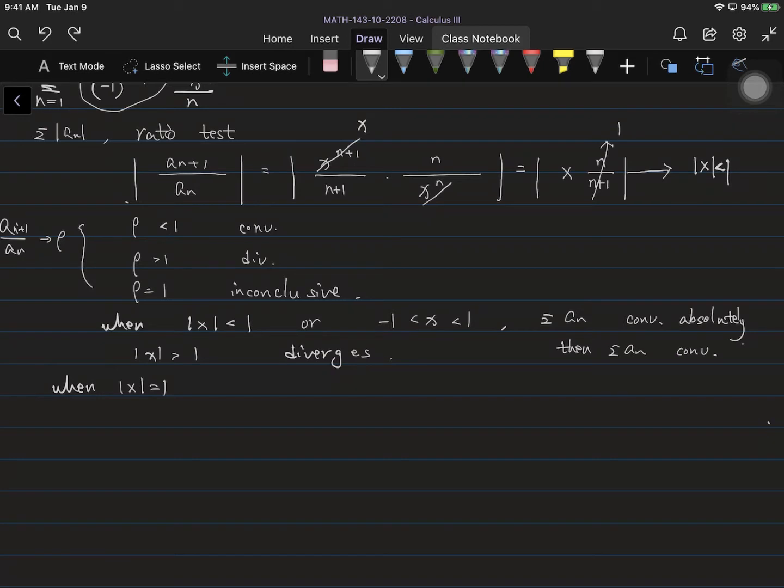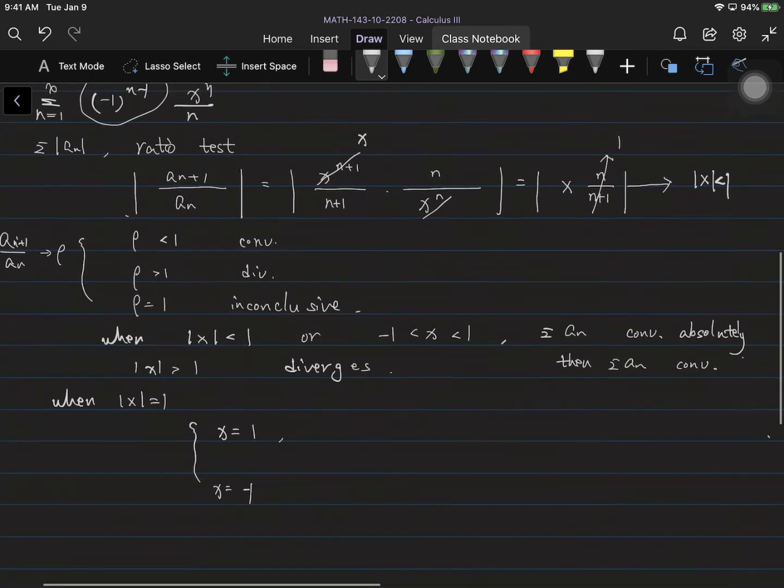So we are going to plug in. When the absolute value of x equals 1, x is either 1 or -1, and we plug into our series. Our series is just the original series, but we change x into 1. 1 to the power n is just 1, so we don't have to write the n here, just 1 over n.